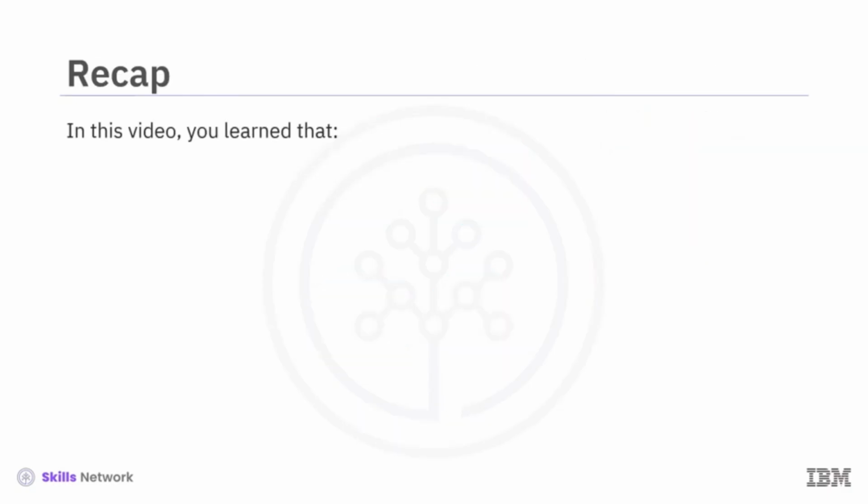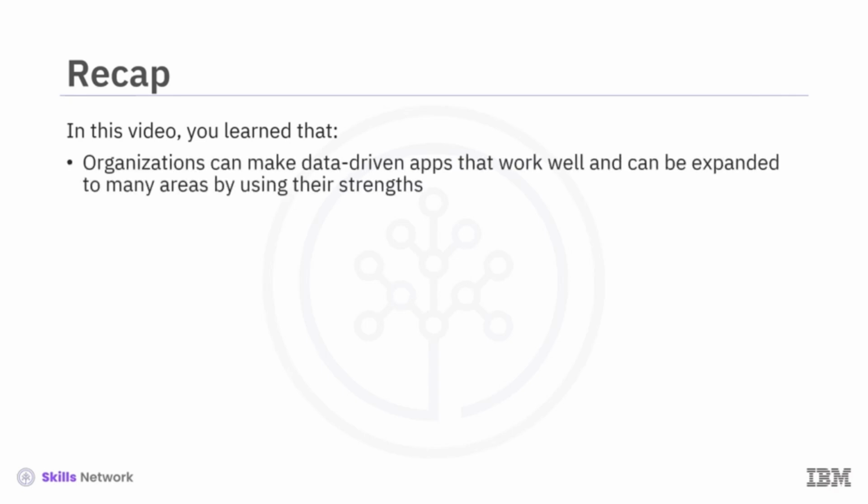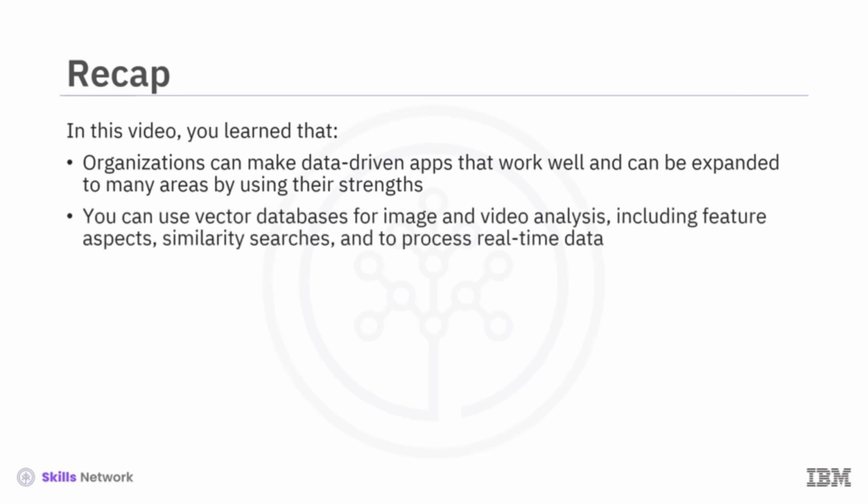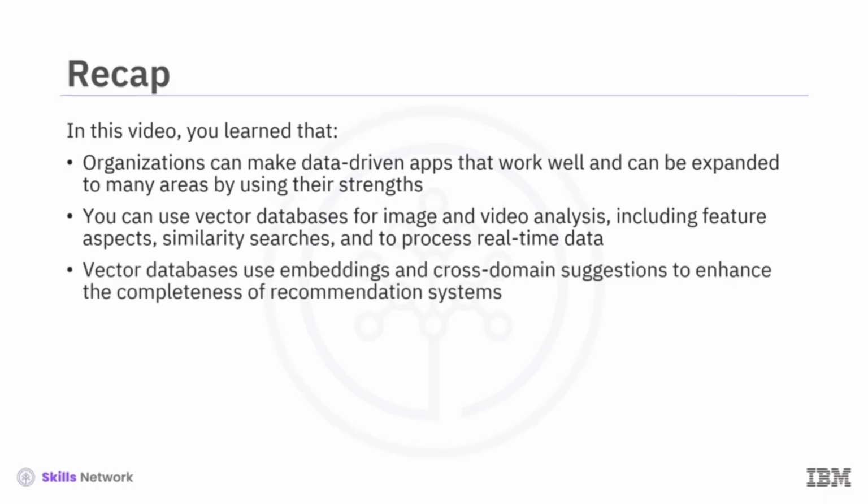In this video, you'll learn that organizations can make data-driven apps that work well and can be expanded to many areas using their strengths. You can use vector databases for image and video analysis, including feature aspects, similarity searches, and real-time data processing. Vector databases use embeddings and cross-domain suggestions to enhance the completeness of recommendation systems.